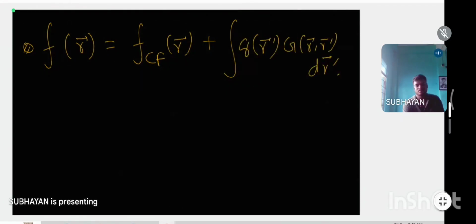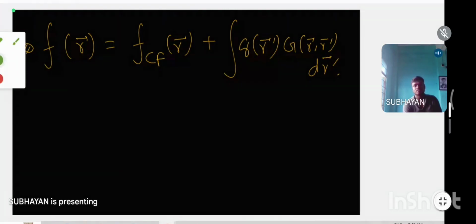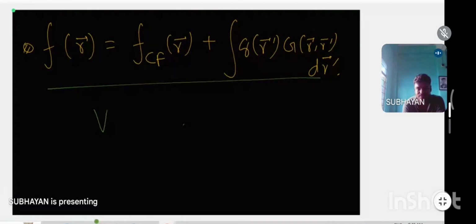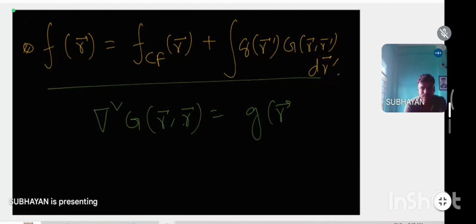So I have written the solution. Now in the Poisson equation, you can write grad square of G(r, r prime) is equal to delta cube of r minus r prime.